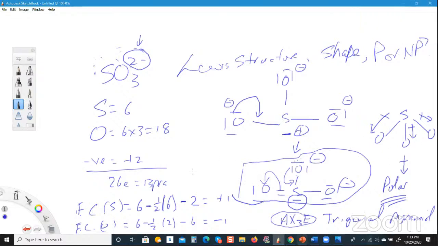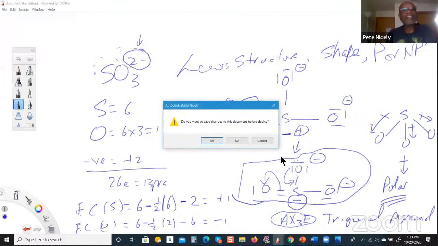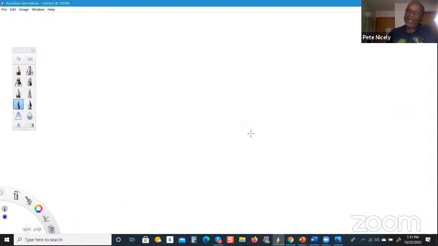So basically, that is what happened. Let's do another example. I'm trying to think of a good example. All right, the nitrate ion. We did this before, but we didn't look at the shape or the polarity. So let's start from scratch.